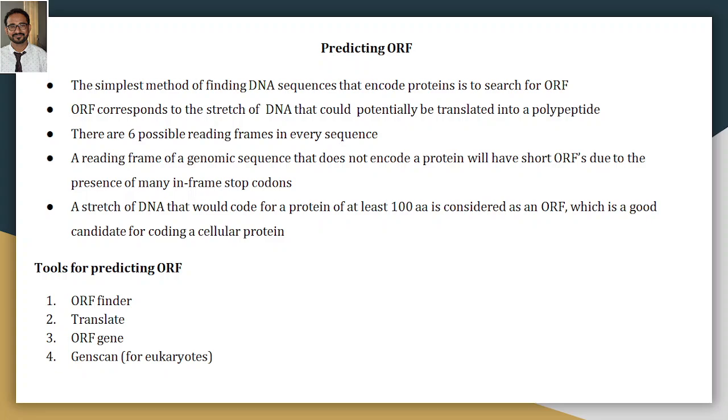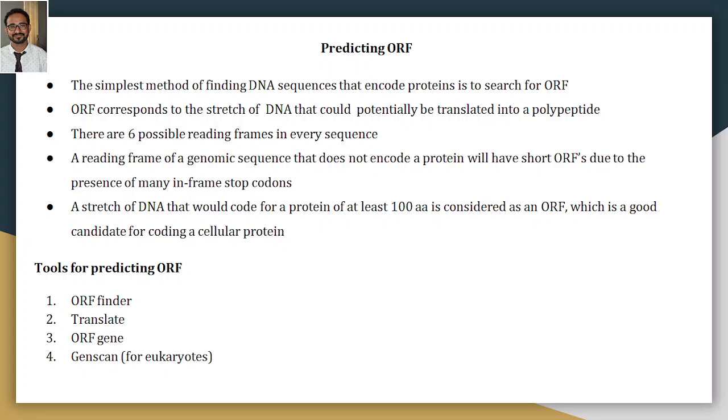If the ORF sequence is small, you will not get the protein. There are 6 possible reading frames in every sequence. A reading frame of a genetic sequence that does not encode a protein will have short ORFs. Imagine a particular DNA sequence is not coding for a protein; that means it has a short ORF, due to the presence of many in-frame stop codons.